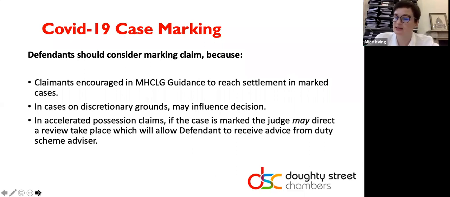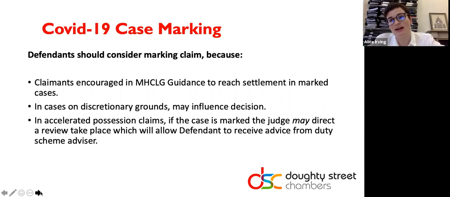I think the really interesting point, and this comes out of the guidance, is that in accelerated possession claims, if the case is marked, the judge might just direct that a review can take place. And that would allow the defendant to receive advice from a duty scheme advisor. As you're aware, given the accelerated possession procedure, generally things just go to a hearing on the papers, and you might not get a look in as a duty advisor in those kinds of cases.